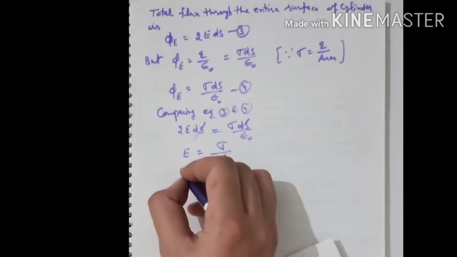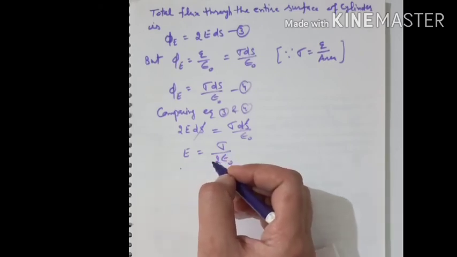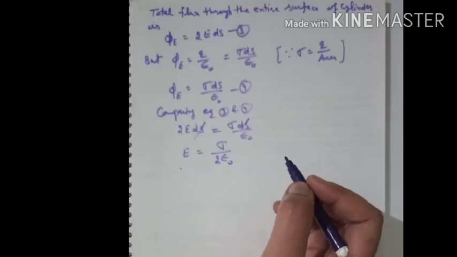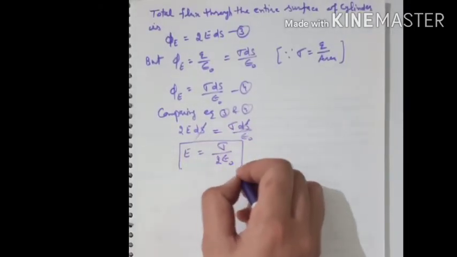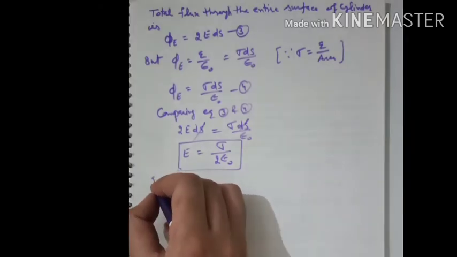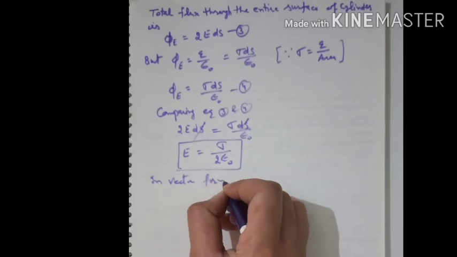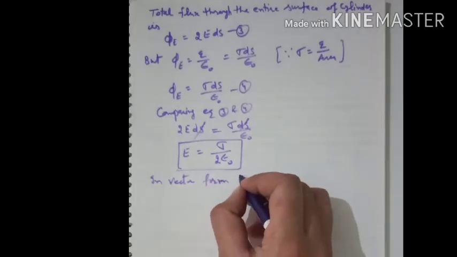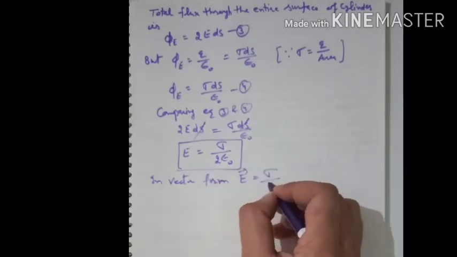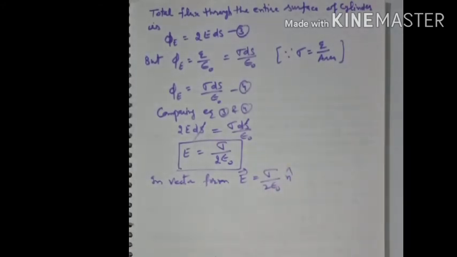So E is equal to sigma over 2 epsilon naught. In vector form, E vector is equal to sigma over 2 epsilon naught n cap. N cap is a unit vector normal to the thin infinite sheet.